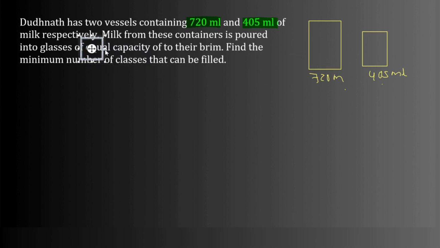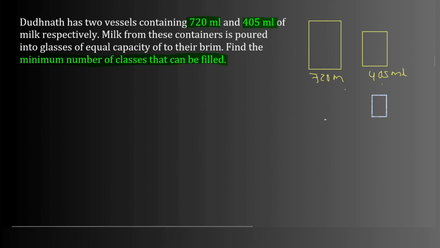Whatever is the capacity of this glass into which it has to be emptied must be an exact divisor of 720 and 405. At the same time, you can see that we have to minimize the number of glasses.